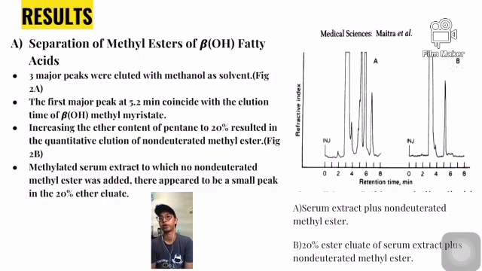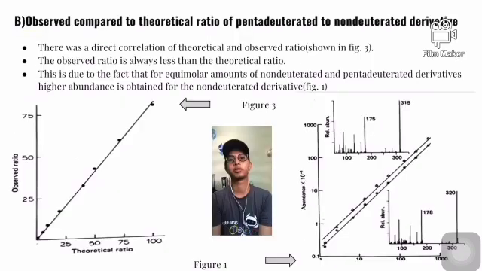Figure 2a shows serum extract plus non-deuterated methyl ester, while figure 2b shows the 20% ether eluate of serum extract plus non-deuterated methyl esters. The result observed was compared to the theoretical ratio of pentadeuterated to non-deuterated derivative, and there was a direct correlation of theoretical and observed ratio.